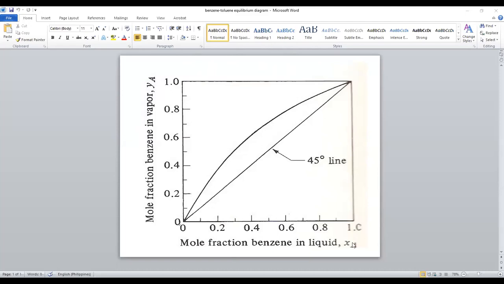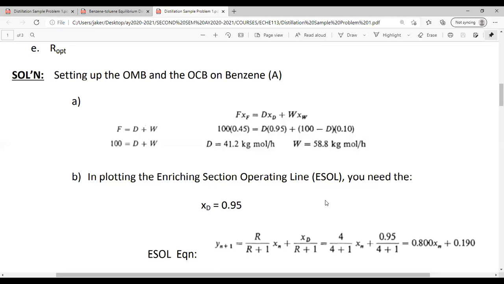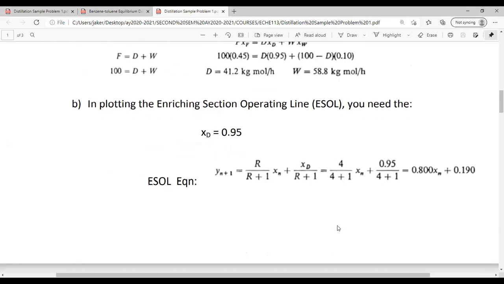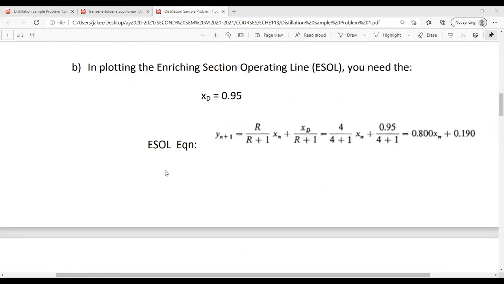Okay, so in this case, you will plot the enriching section operating line first. And for that, you would be needing the distillate composition, which is 0.95. And you will be needing the enriching section operating line equation. And this was shared to you in the PowerPoint.